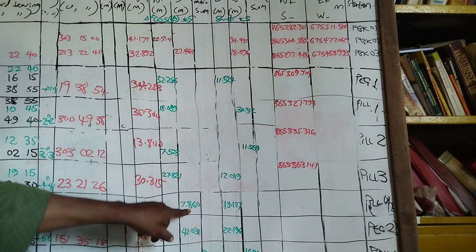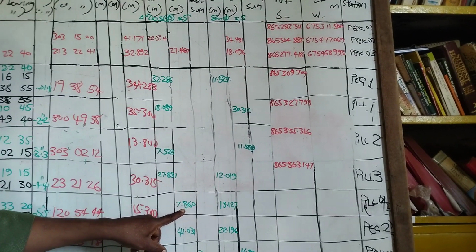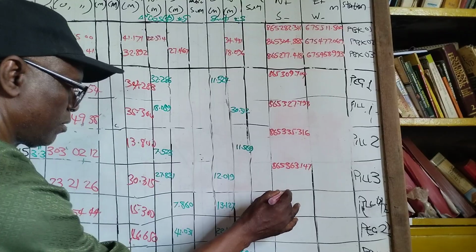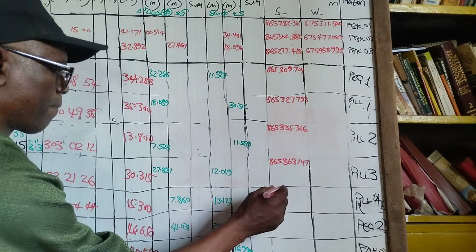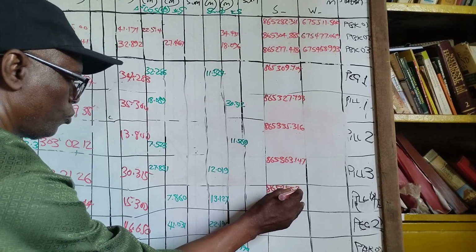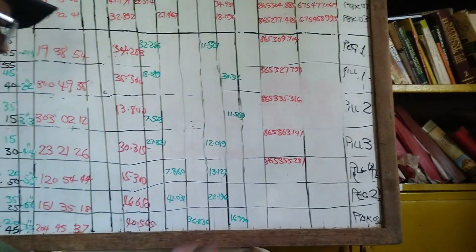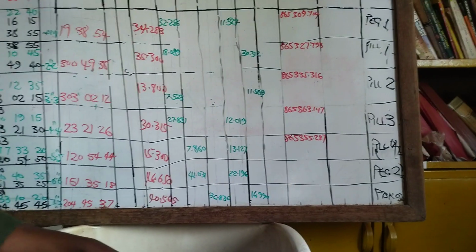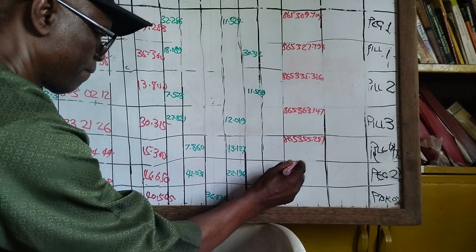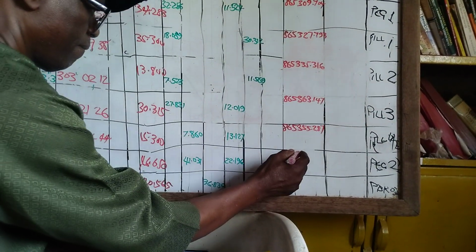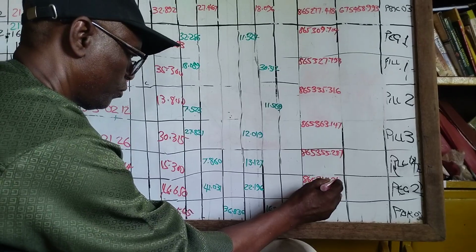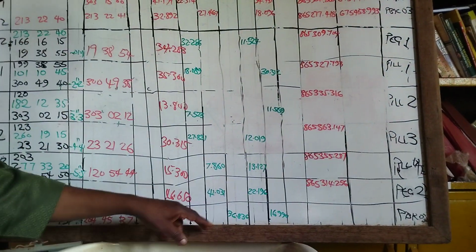Now you subtract 7.860 from it: 865355.287. Subtract 41.031: 865314.256.